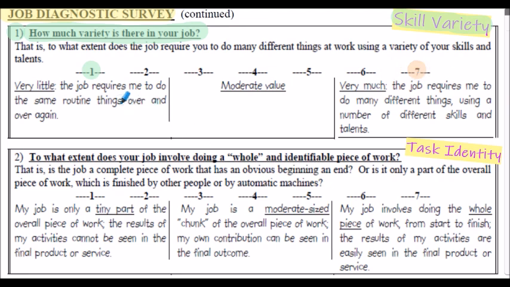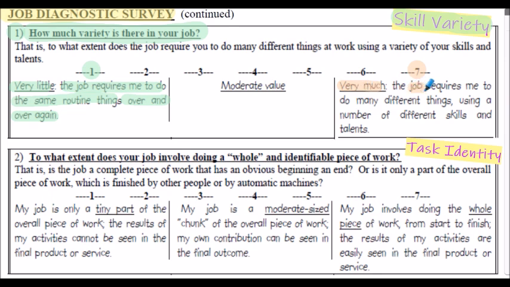Response to the question how much variety is there in your job, the left hand end states very little. The job requires me to do the same routine things over and over again. That ranges right the way through to level 7, where the response to how much variety is there in your job becomes very much.